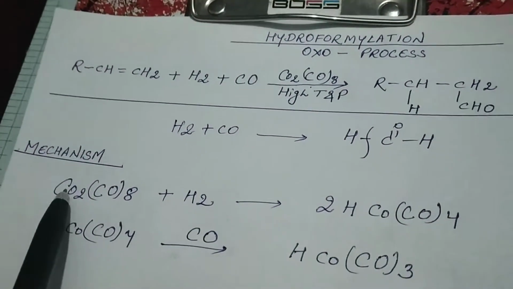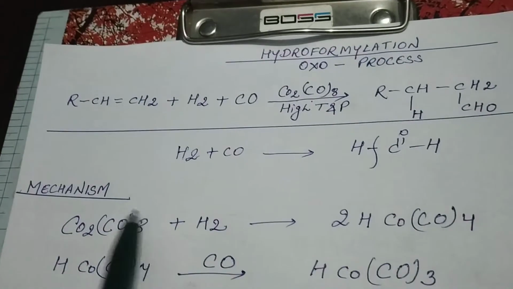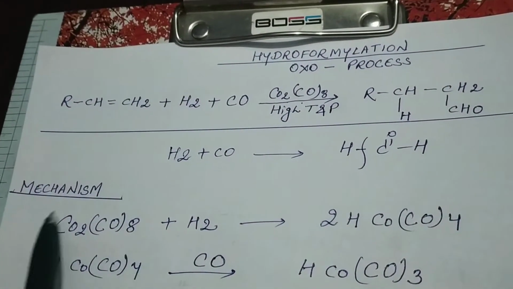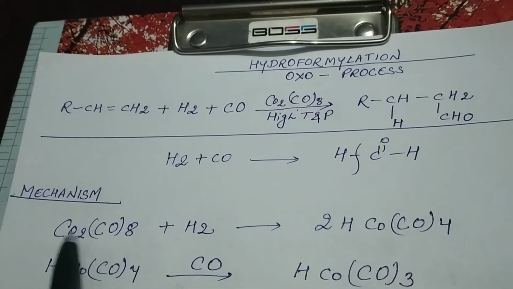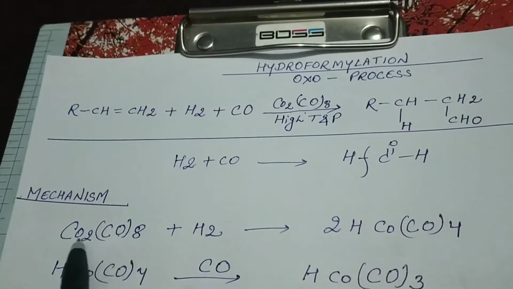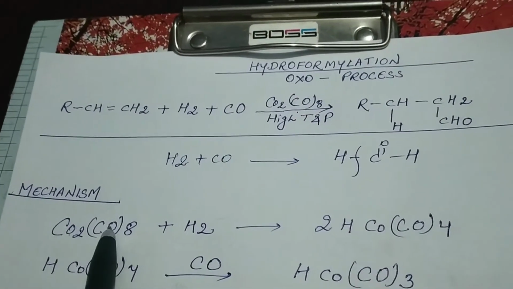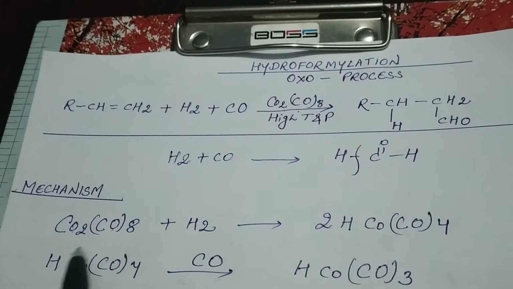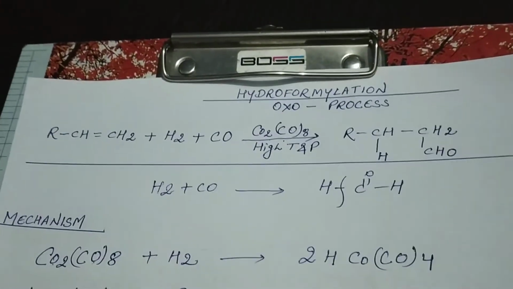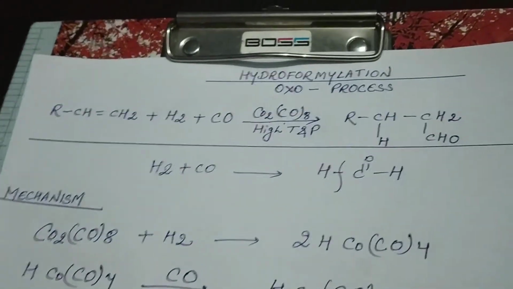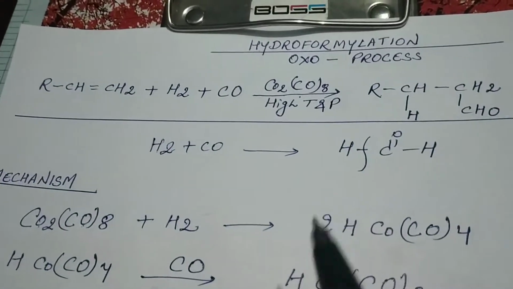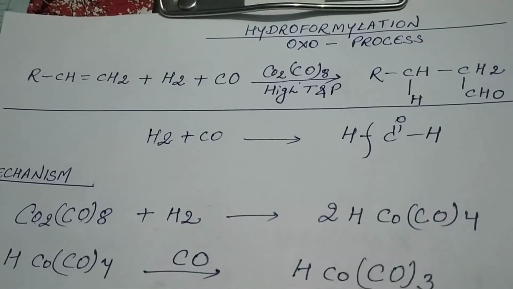Here this catalyst is called octacarbonyl dicobalt. This is one of the metal carbonyls, and here this Co is for cobalt and this CO is for carbonyl. The unsaturated species which we get here acts as the catalyst for this reaction, which catalyzes the hydroformylation.